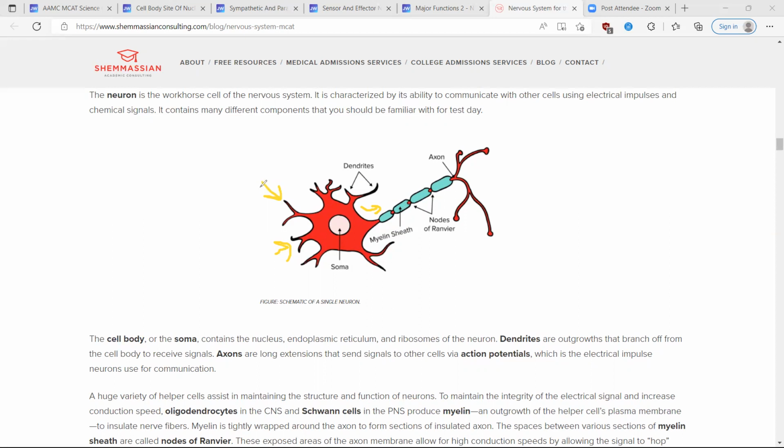There is an electrical signal. The cell receives the electrical signal. Once it has enough electrical signal, it says, okay, this is important, I'm going to pass it down to another cell. The electrical signal is going to come, and this axon is what we call myelinated. There is some kind of wrapping around this called myelin.